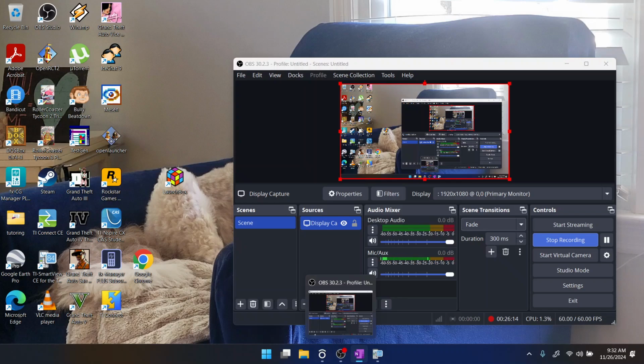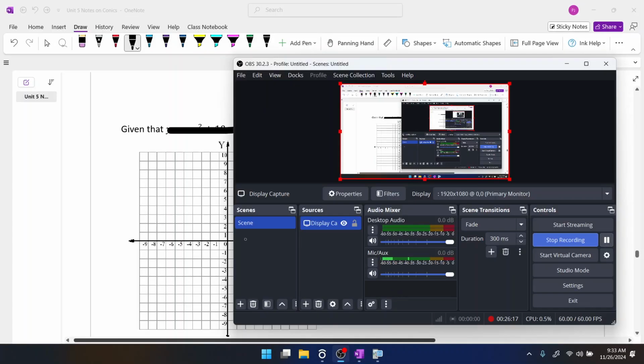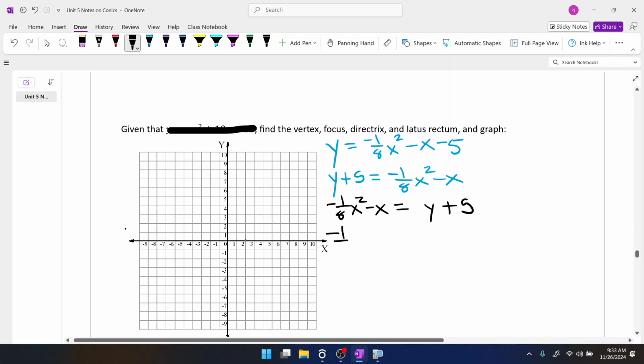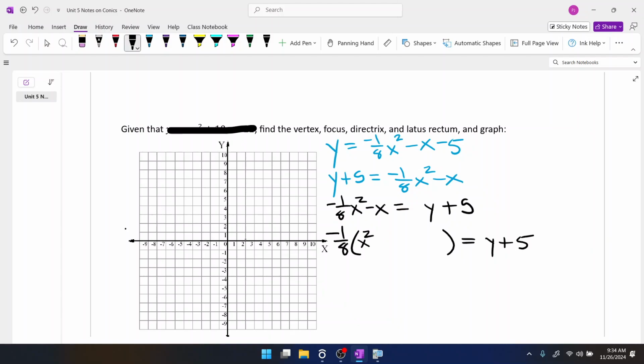All right, so if we factor out -1/8, that gives us x squared, and don't forget we have the y plus 5 here. Now, what's going to go in front of the x here? Plus what?